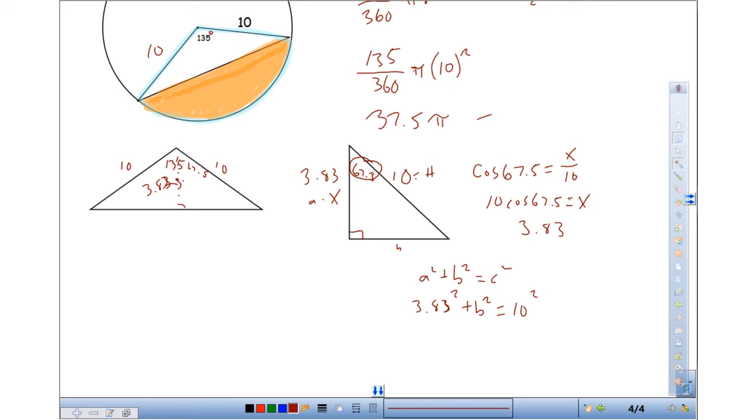So 3.83 squared is 14.67, plus b squared equals 10 squared, which is 100. Okay, I'm going to subtract 14.67 from both sides.